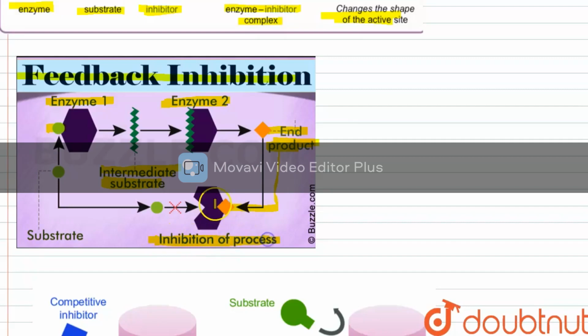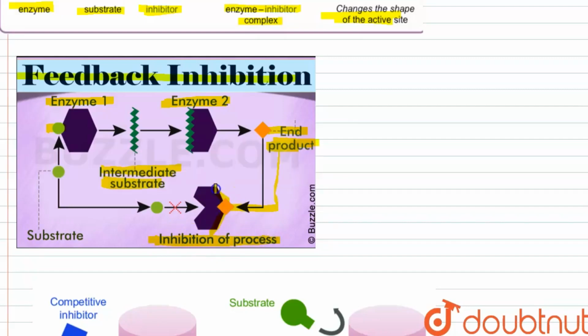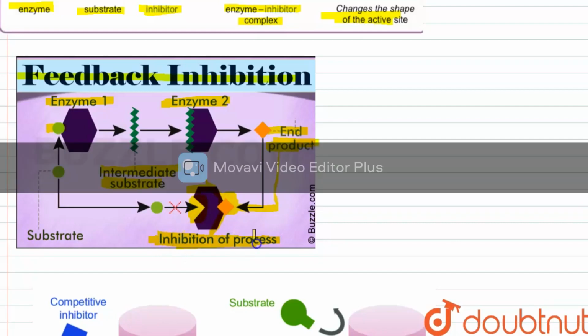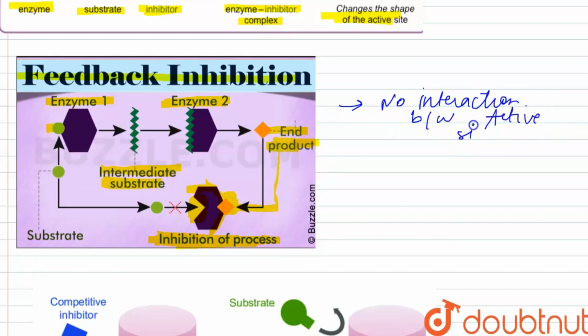The end product gets attached to the enzyme. See, this is your active site, but it gets attached to a site other than the active site and it inhibits the process. Here also you can see no interaction between the active site and the inhibitor.